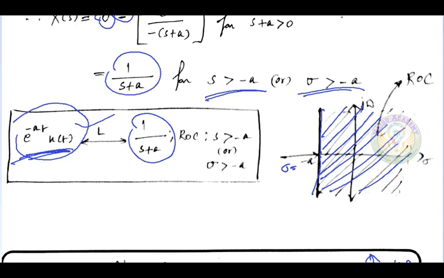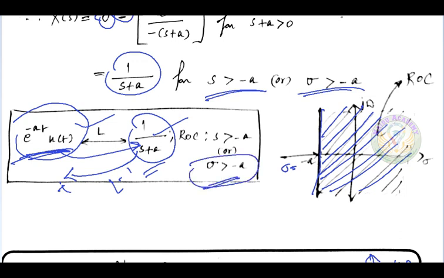After taking the Laplace transform, we go for the inverse Laplace transform to find the signal in the time domain, because we go from the time domain to the frequency domain only for analysis purposes. Both functions have the same Laplace transform, only the region of convergence is different.